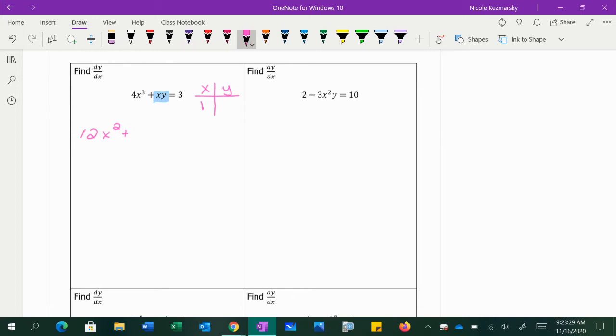The derivative of y is 1, but also remember we have to write dy/dx. So I'm not going to bother writing the 1 because it's just going to go away anyway. We'll write the dy/dx. So then we get 1 times y, which is y, plus x dy/dx. And then on the other side of the equal sign, we have a constant, and the derivative of that constant is 0.